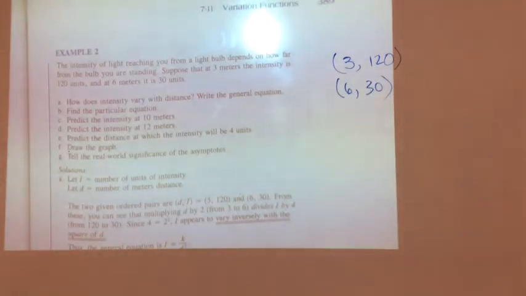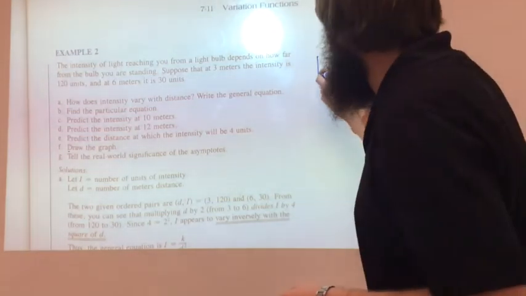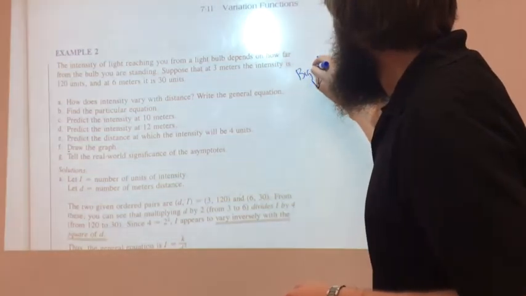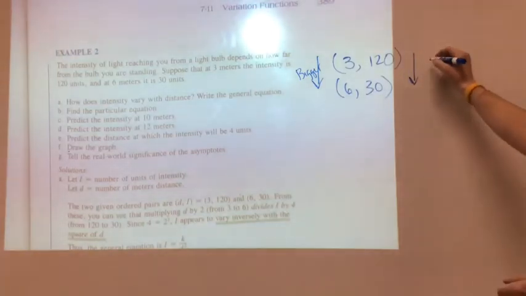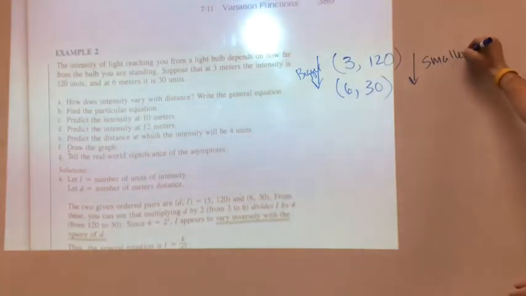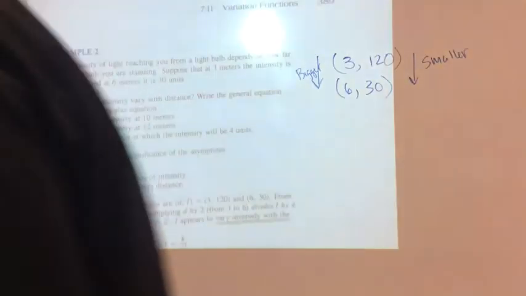The question is, as x gets bigger, what's happening to our y's? Well, they're getting smaller. Okay, so this is going to indicate that we have some type of inverse variation.